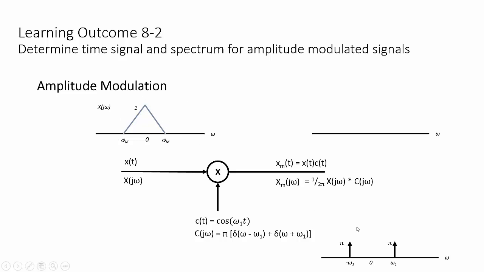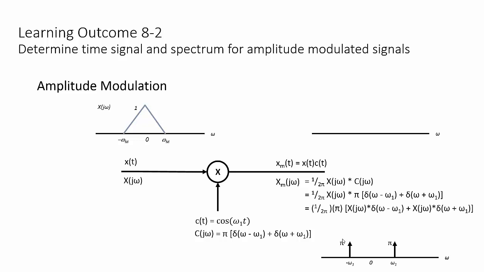When we convolve something with an impulse, applying the shifting theorem, we're just going to shift what we had to a different place.